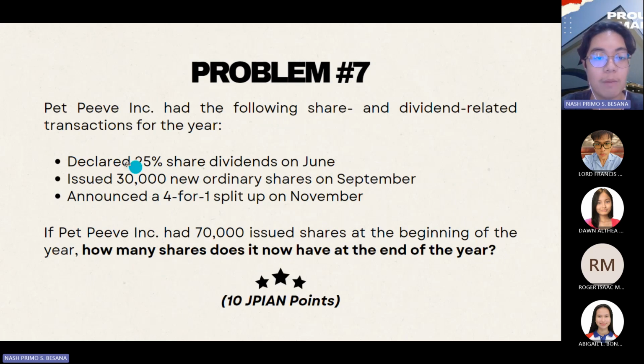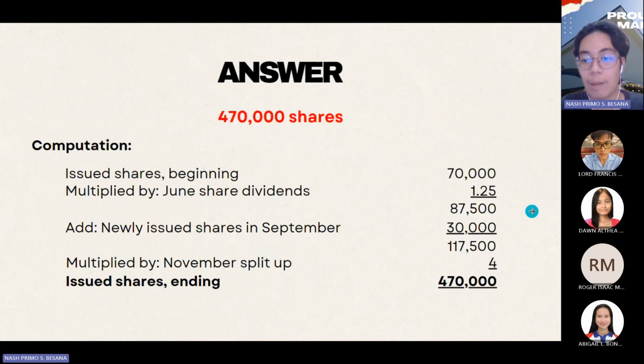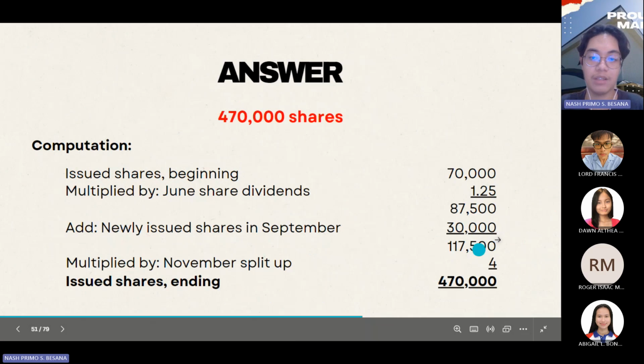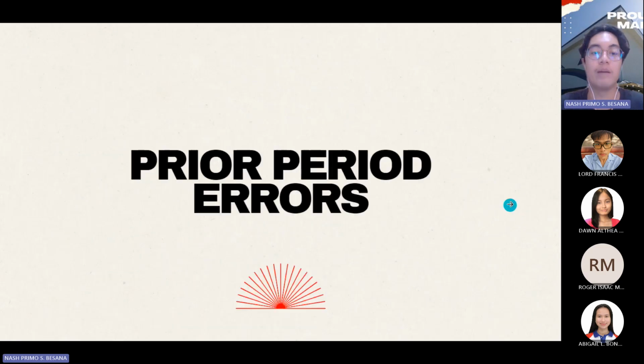And then nag-issue daw ng panibagong 30,000 on September. 87,500 plus 30,000 would give us 117,500. And then lastly, nag-split up pa. So 117,500 times 4 would give us, itong 4 from the split up, 470,000 shares. So ayun yung ating share split problems.